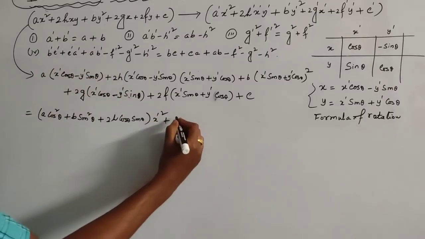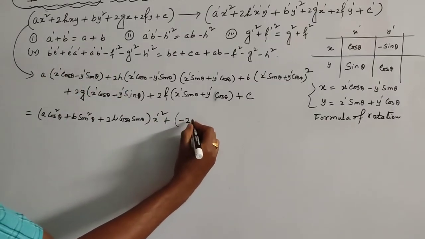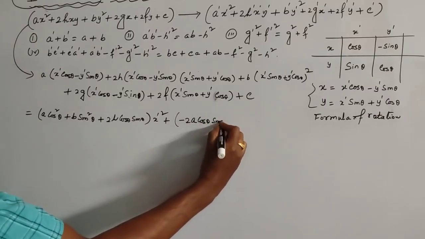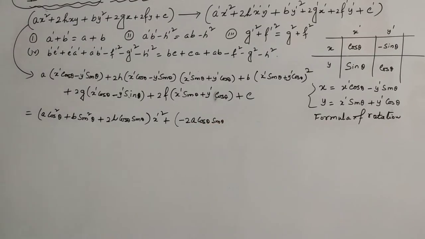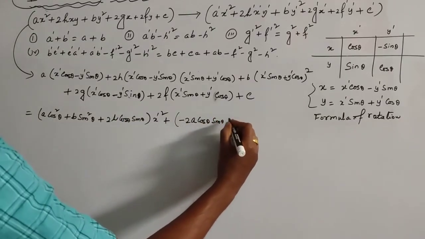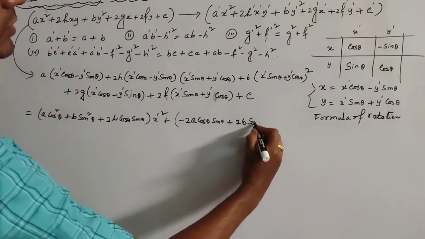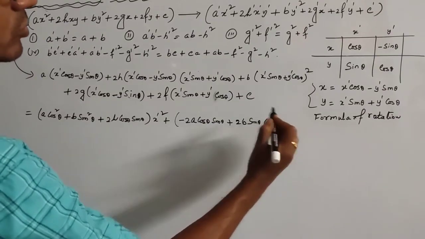From here we get minus 2a cos theta sin theta plus 2b sin theta cos theta.